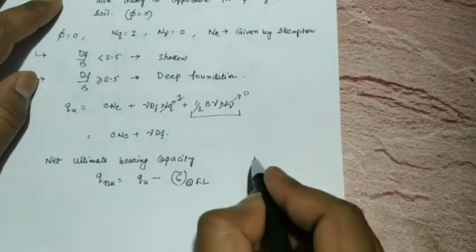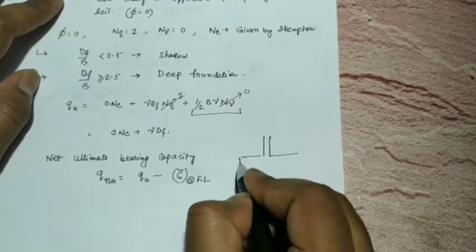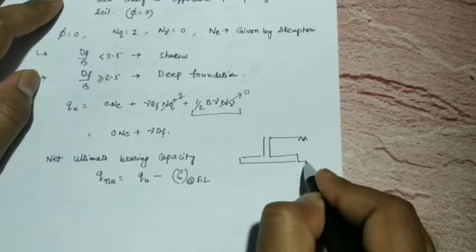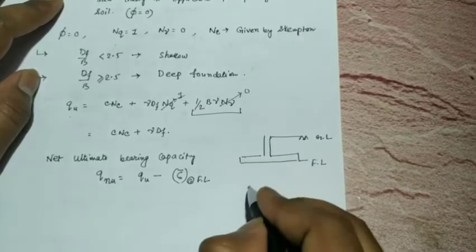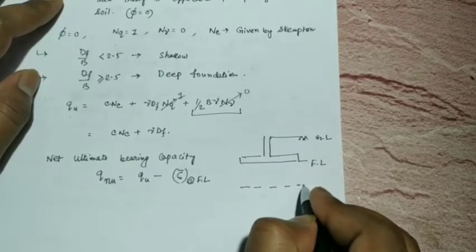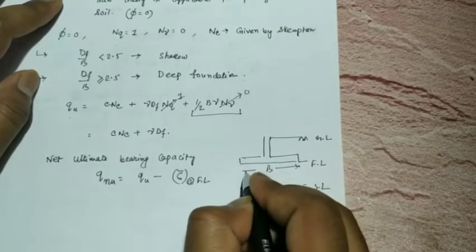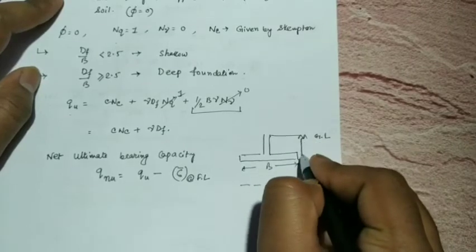Suppose I am showing an isolated footing, this is ground level, this is foundation level, and B is the width. Suppose the depth of foundation is Df.